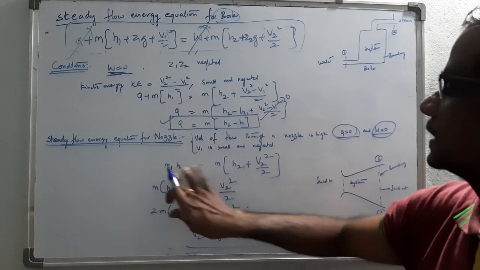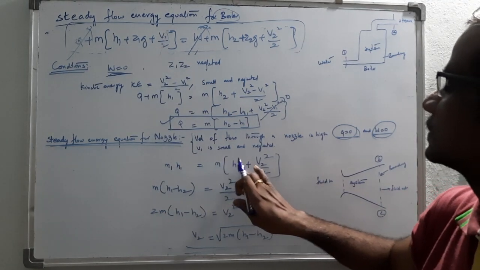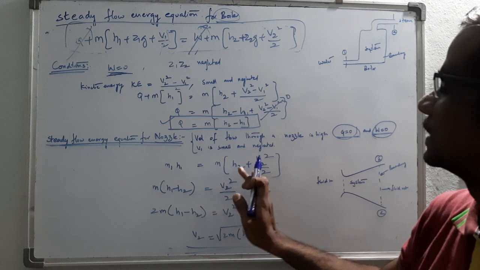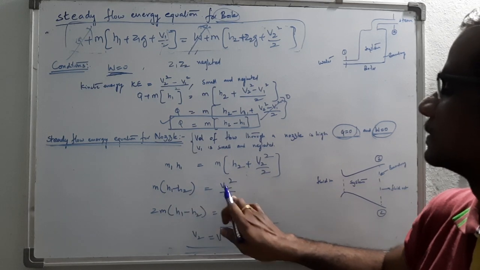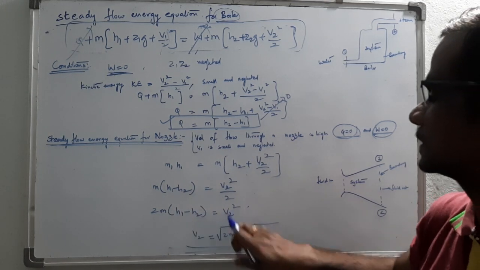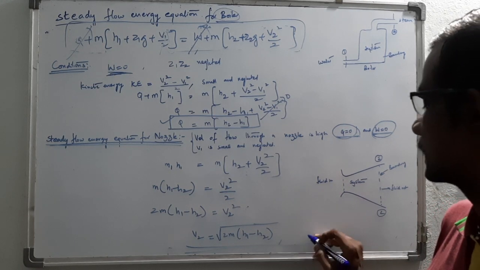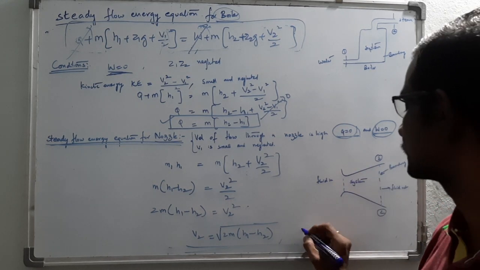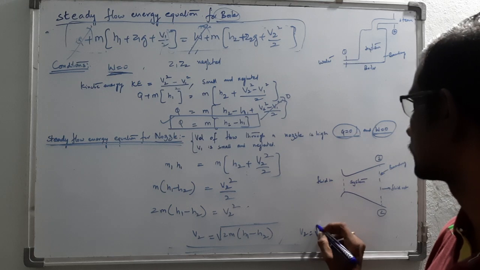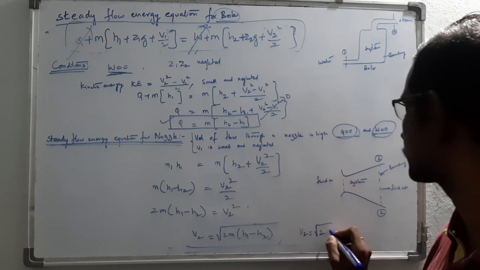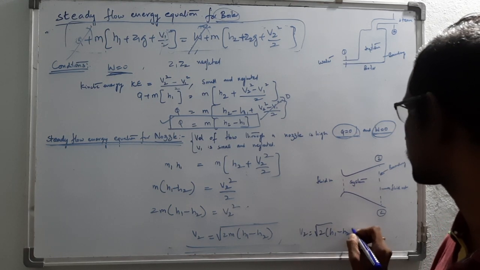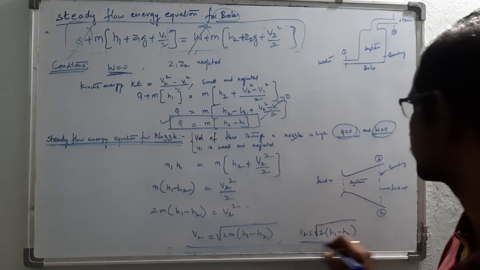The left side m h1, the right side m into h2 plus v2 squared by 2. I am taking h2 to this side, so 2m into h1 minus h2. This is your final equation. Generally, if mass is 1, v2 is equal to the square root of 2 into h1 minus h2. This is the final equation.